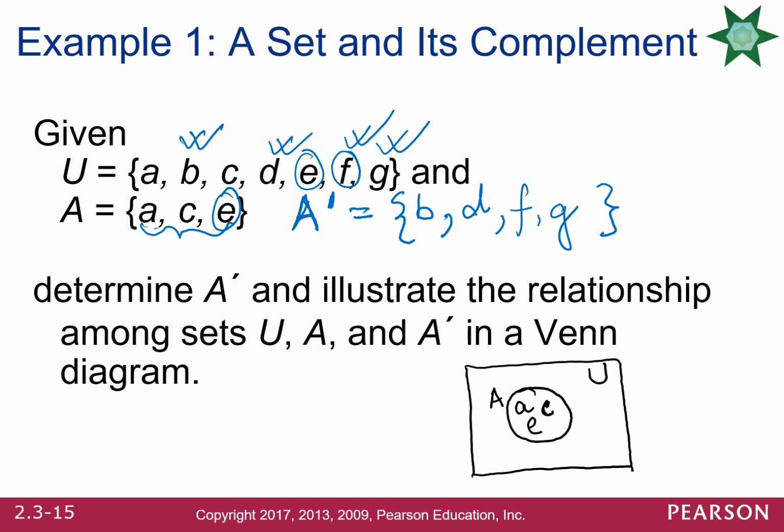Those are the elements of set A. The elements not in set A would be A dash, and the elements in that area outside of set A are all these values. So I'm going to write B, D, F, and G. This is how we would be representing this particular set in a Venn diagram.